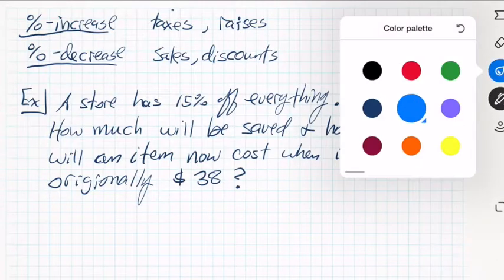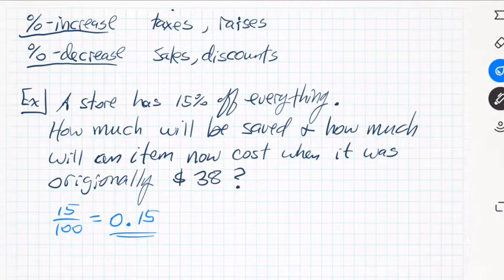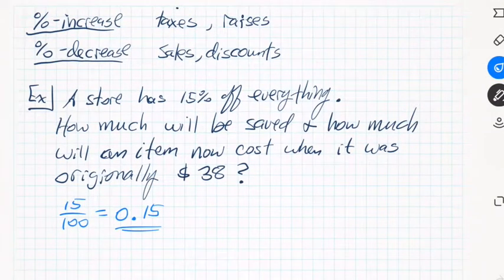So the eighth grade way is you start off with the percent. The first thing we're going to do is change 15% into its decimal value by dividing by 100. So this is its decimal value. Then we're going to multiply that by the cost of the item. So we're going to have 0.15 times $38.